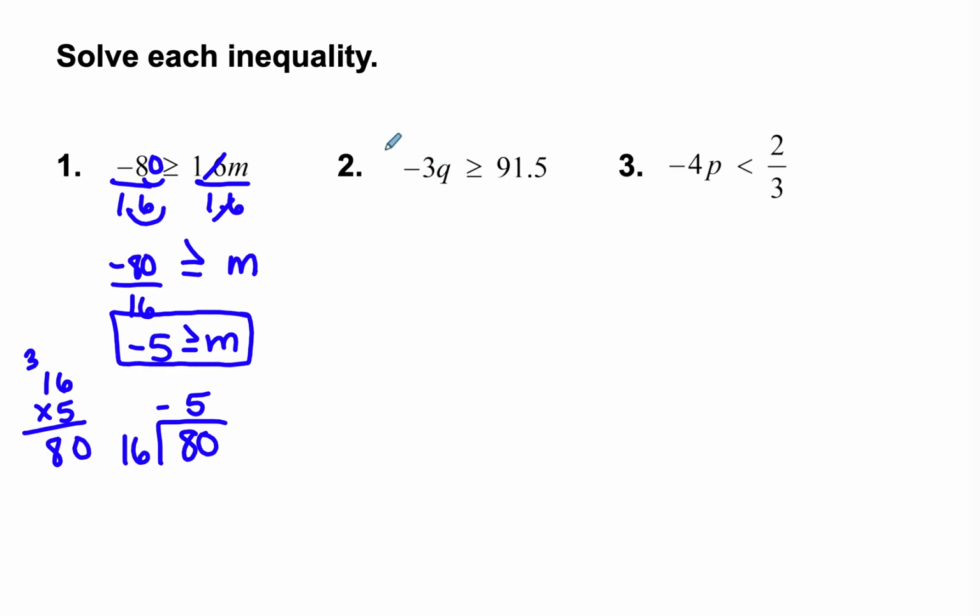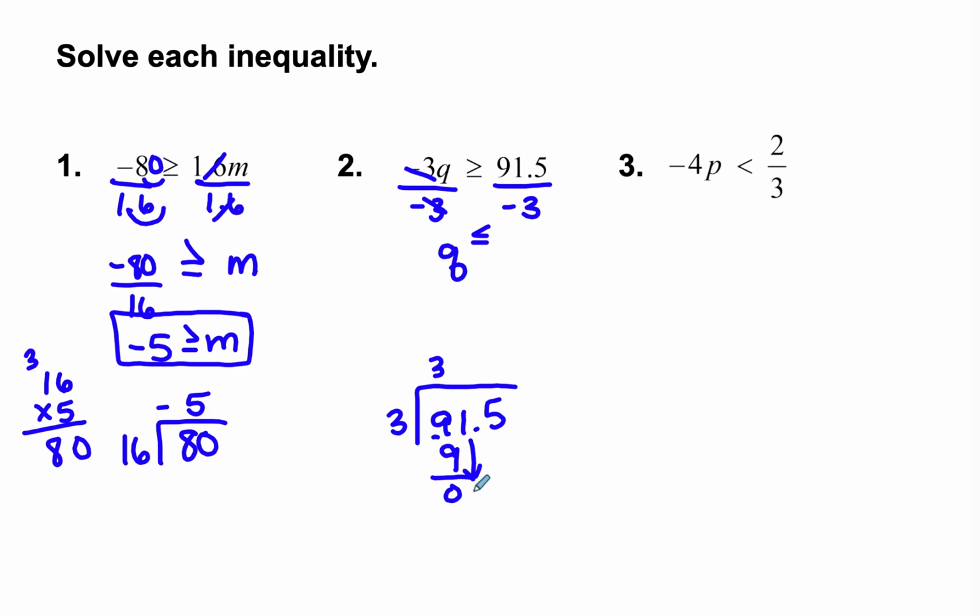Okay, let's look at this next one. I have negative 3 times q is greater than or equal to 91.5. So I need to divide both sides by negative 3. I have q. My inequality sign is going to change because I'm dividing by a negative on both sides. Then I need to do my division. 91.5 divided by 3. 3 goes into 9 3 times.